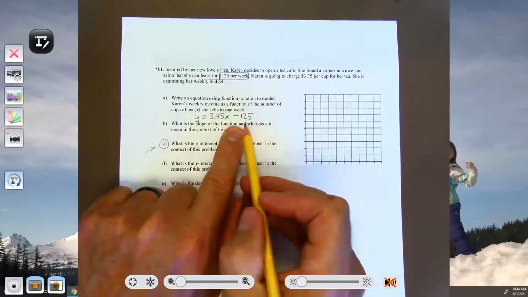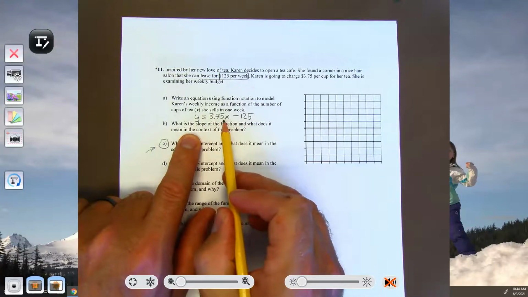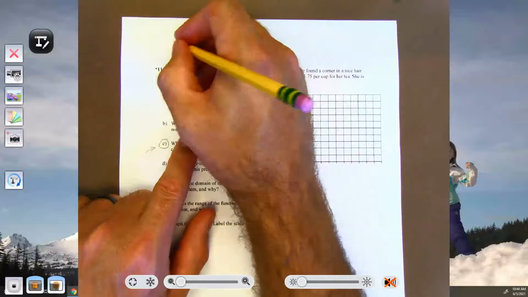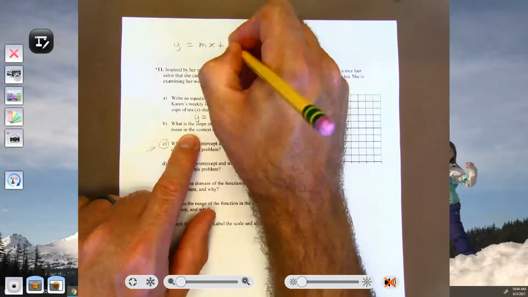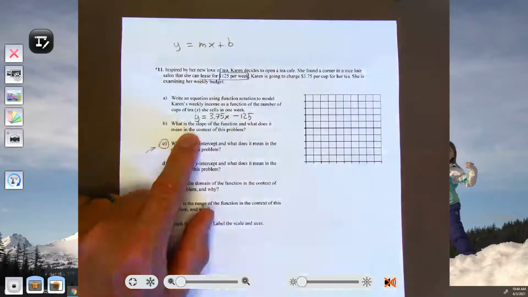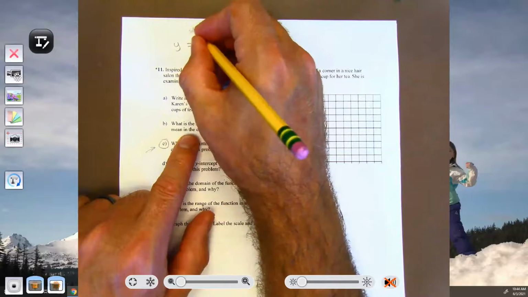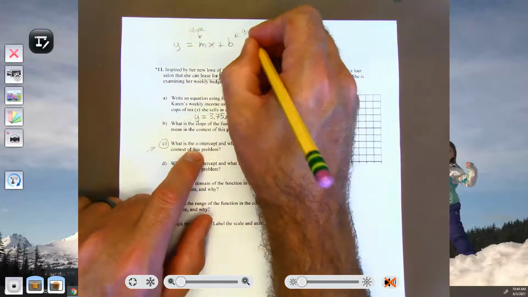Now, the slope is very obviously this 3.75, right? If you recall, y equals mx plus b is the equation for any straight line on a graph. This is the slope, and this is the y-intercept.